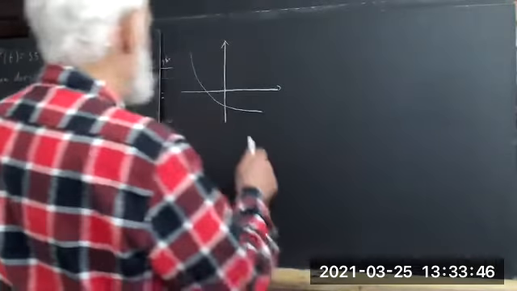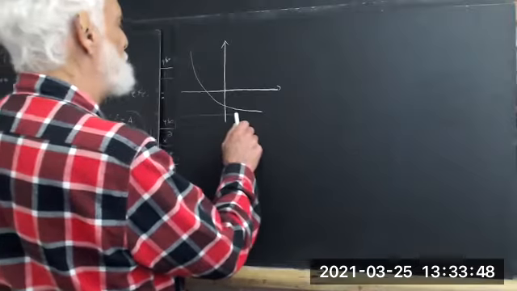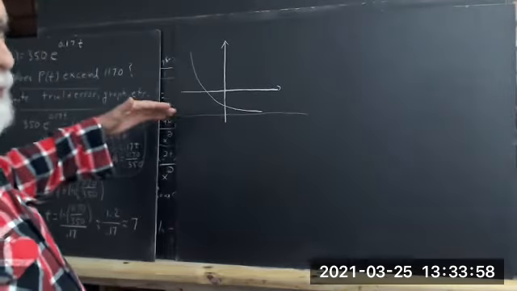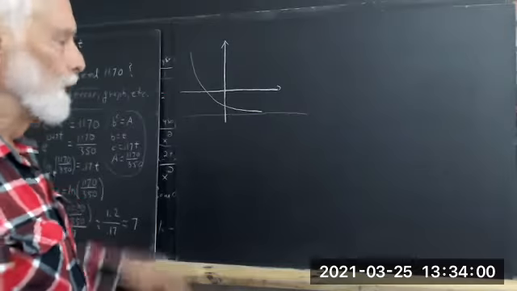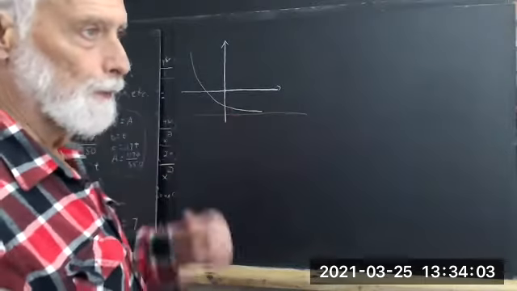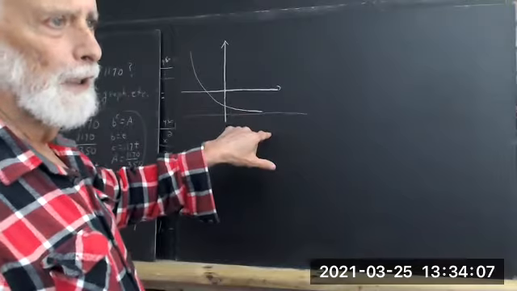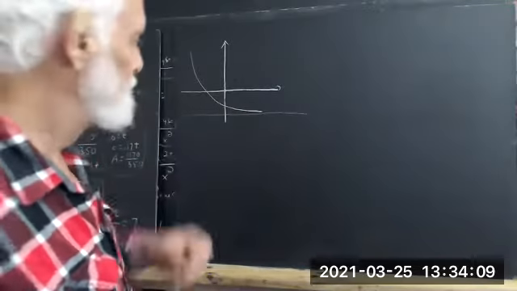And let's just say that there's an obvious line that this thing approaches, and that will be the case for the problems in your book. There's going to be a grid, and there's going to be some horizontal grid line that you'll be able to pretty well guess is your asymptote.